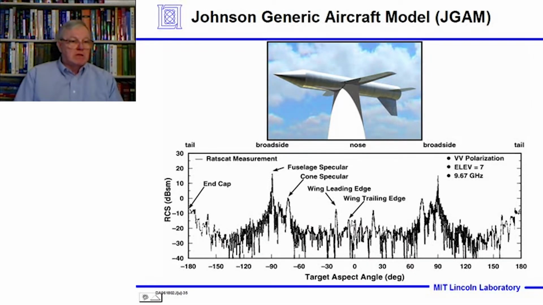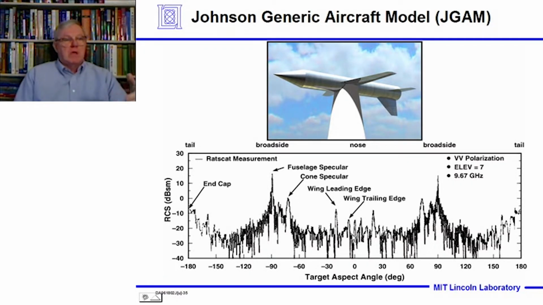Now let's just start at the nose, okay? We get to the nose, and that's a very, very small scatterer. The size of the scatterer has to do with the radius, and if you make it a very sharp tip, the radius of the ball that effectively is related to it, you get a very small cross-section there.